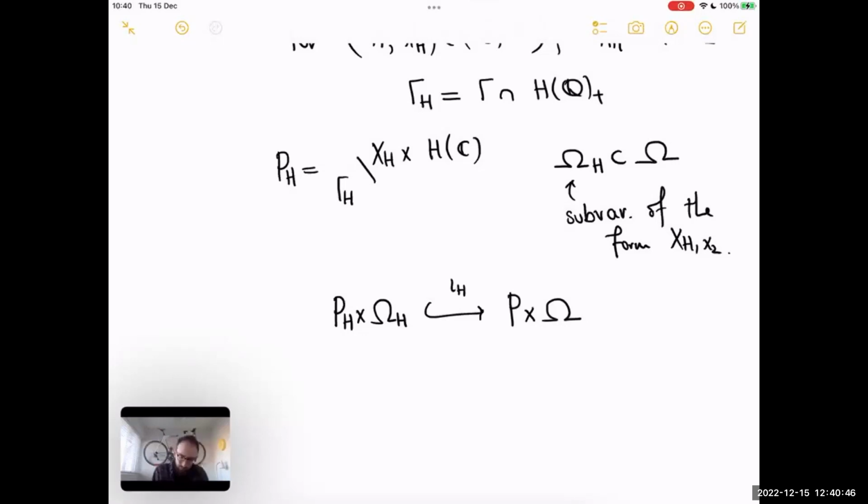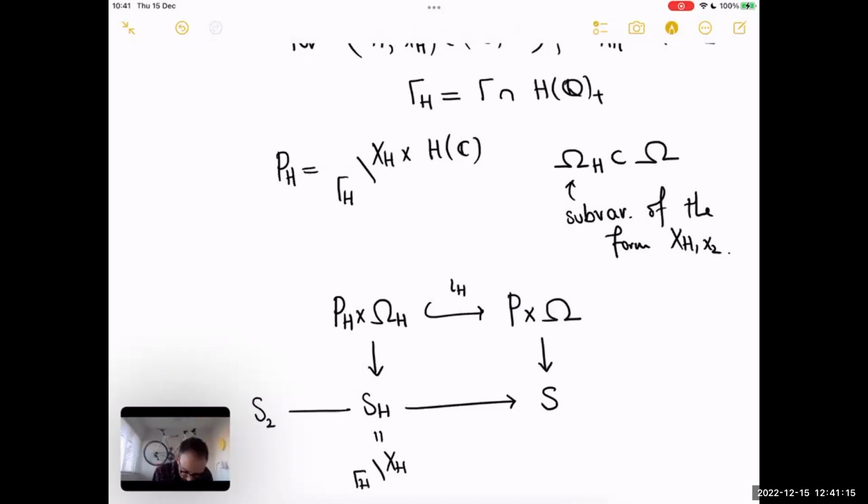These two objects project to the respective Shimura varieties. So just projecting onto the first factor, then applying pi p. So firstly to S and then to SH, i.e. XH mod gamma H, that obviously has a natural map to S, a finite map. And then lastly, I have another Shimura variety in play, which I call S2.